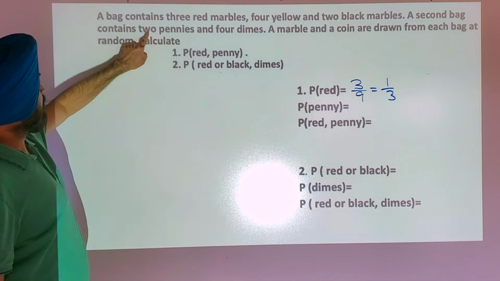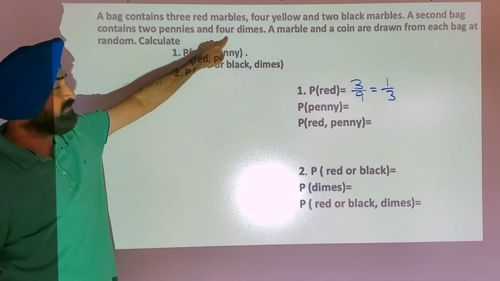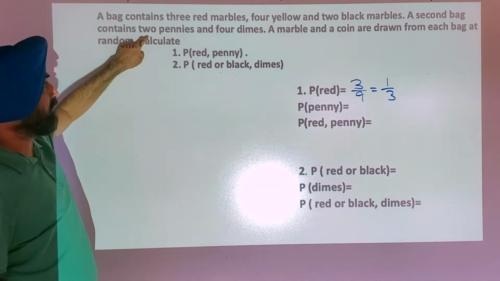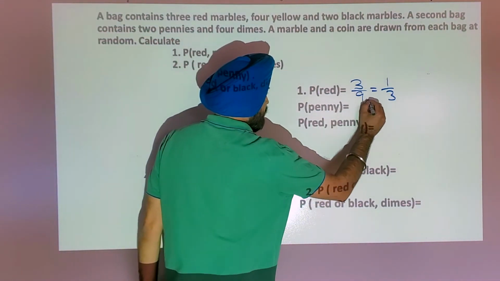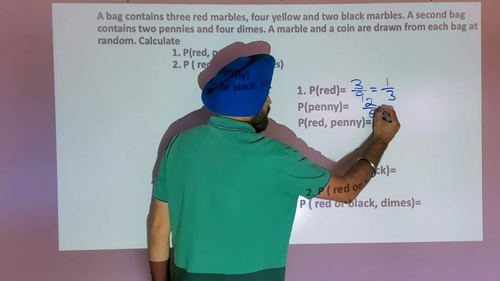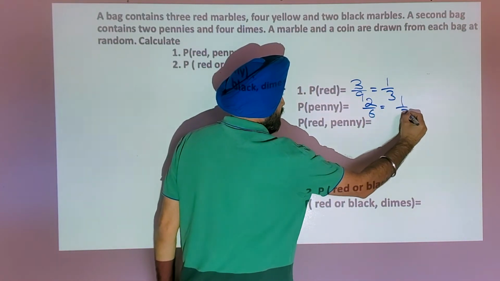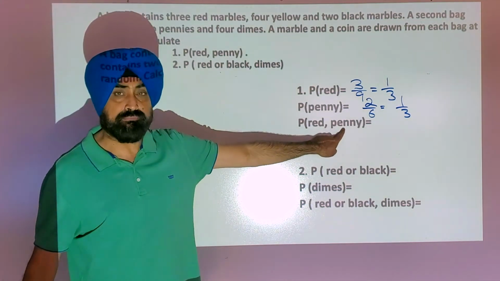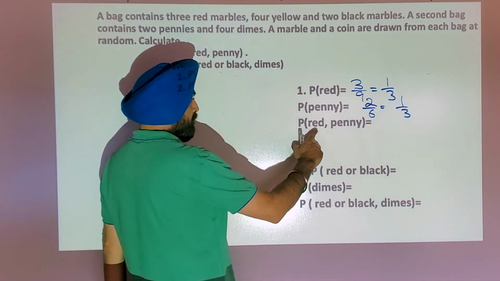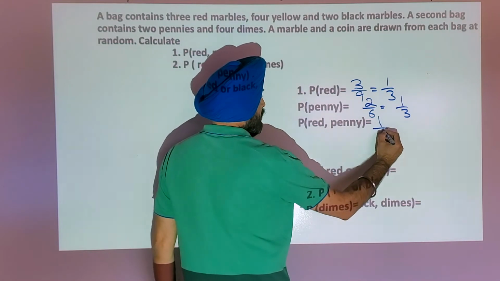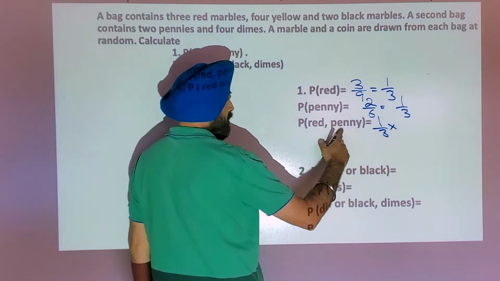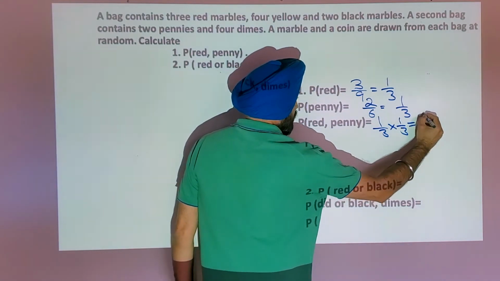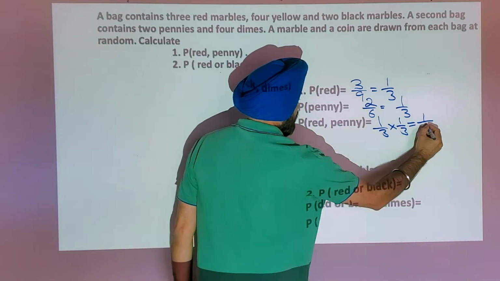How many coins? 2 here, 4, 6. 6 coins. And how many pennies? 2. So the probability is 2 over 6. You can reduce this to 1 over 3. So what is the probability that red and penny both come? The probability red comes is 1 over 3 times the probability that a penny comes, also 1 over 3. Multiply top by top, 1 times 1 is 1, 3 times 3 is 9.